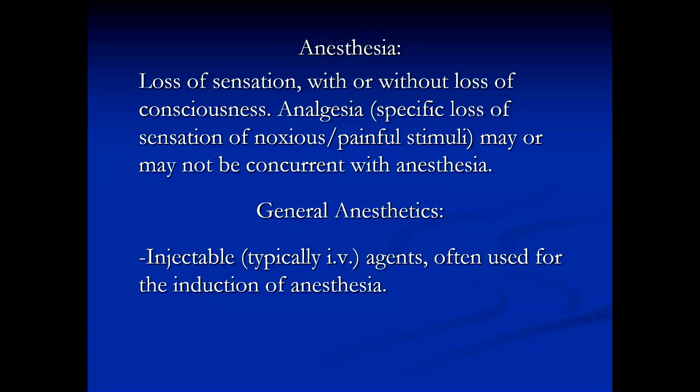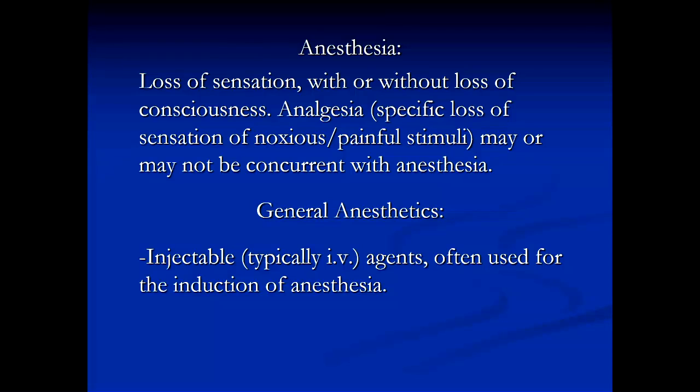As far as the classes of anesthetics, we just talked about local anesthetics and drugs like lidocaine and how they work by their use-dependent blockade of voltage-gated sodium channels. And then there are also general anesthetics, which are of two basic types. There are injectable agents, typically administered via the IV route, and they're often used for the induction of anesthesia.